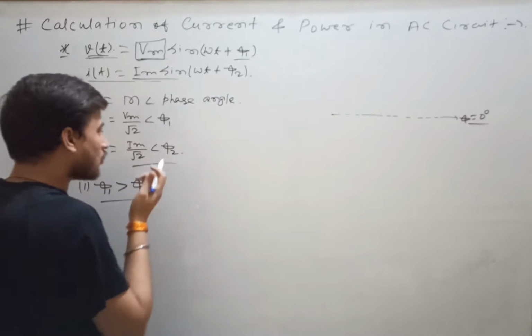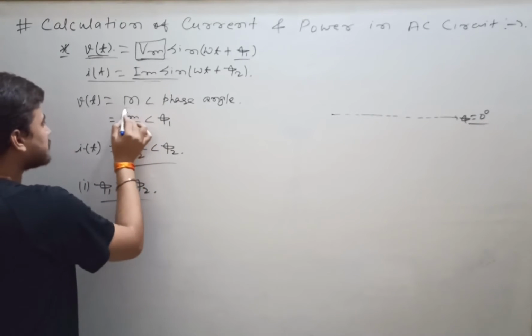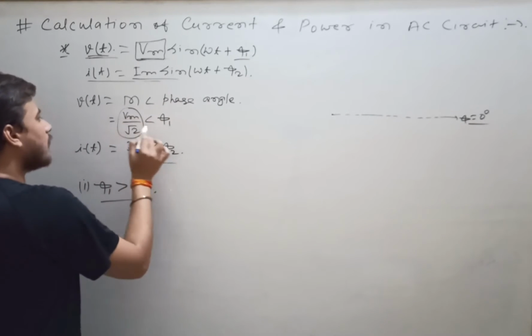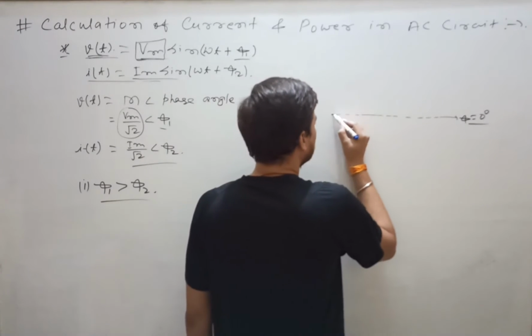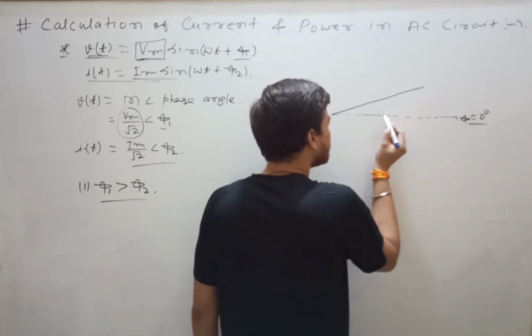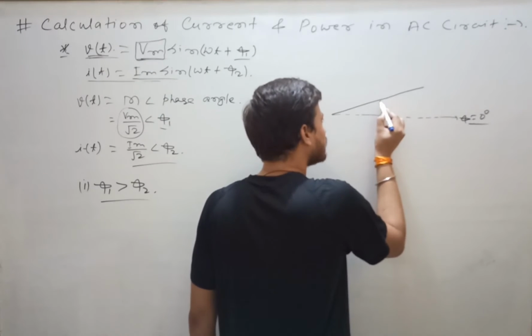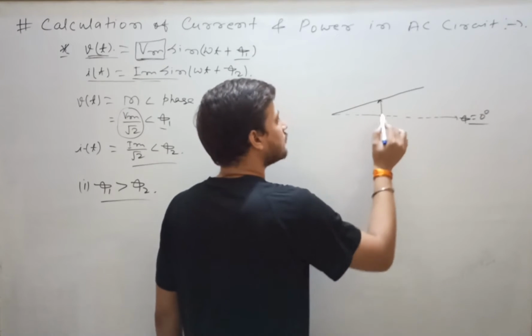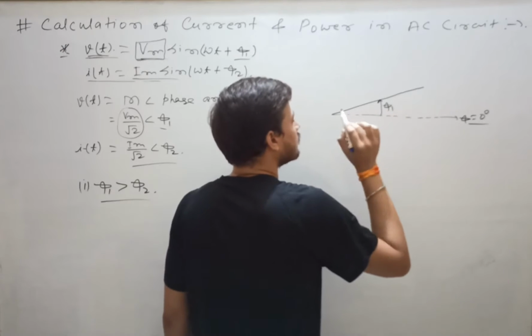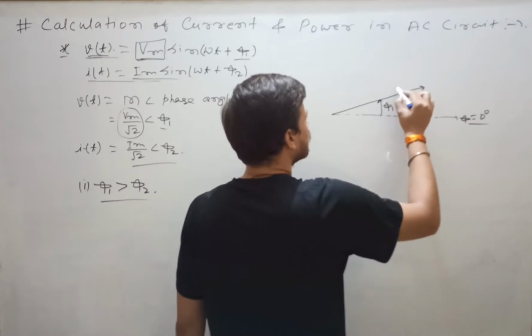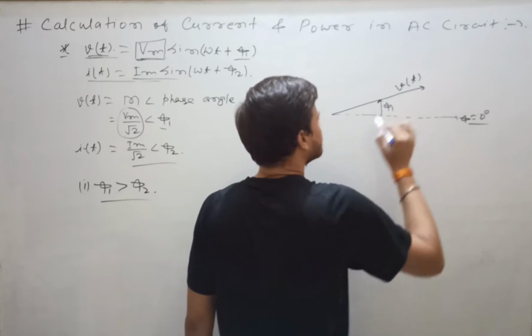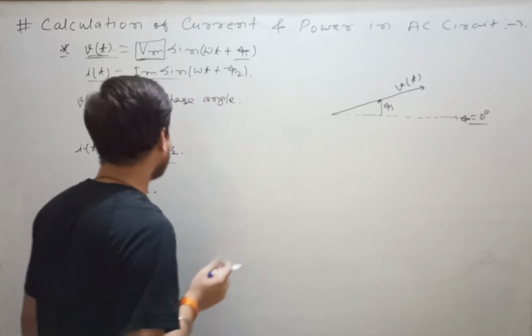So now we have to draw for voltage. The voltage magnitude is Vm by root 2. The angle is phi 1. That means the voltage has a positive angle, and positive angle means the anti-clockwise direction. So this angle is positive, and this magnitude is Vm by root 2. So we can say this is the phasor of voltage Vt.